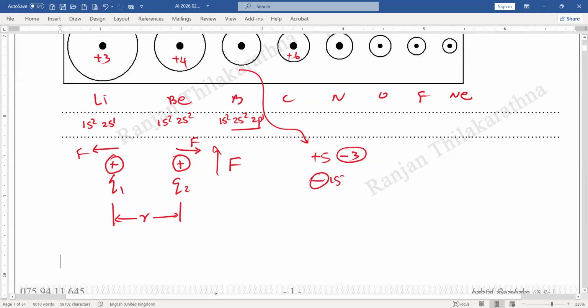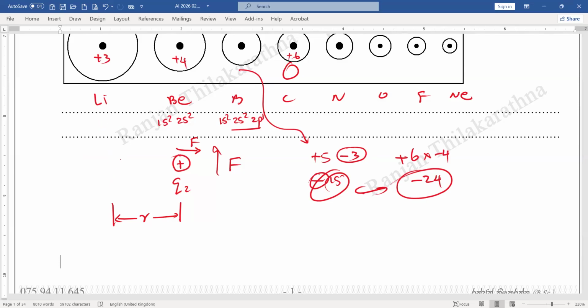That means opposite charges are available. If you get this on carbon, the nuclear charge is plus 6 and in the outermost shell you will have only 4 electrons. So it will be minus 24. Here 15, now 24. So because of the attraction, power is increasing, the size will decrease.